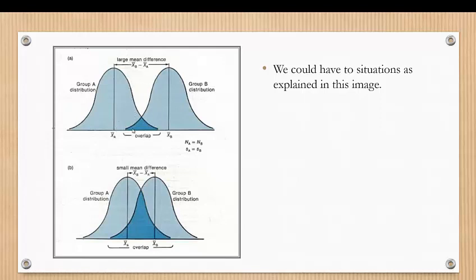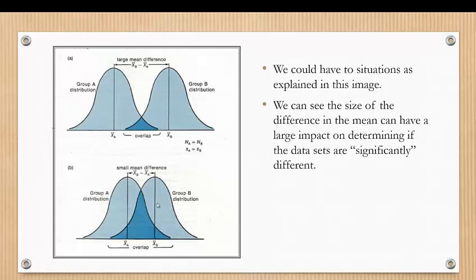There would only be a small overlap between the two distributions. If we looked at sample B, again, the same thing. We're assuming that n is equal and S is equal, but there's a small difference between the means. Then there's a larger overlap between the two groups.